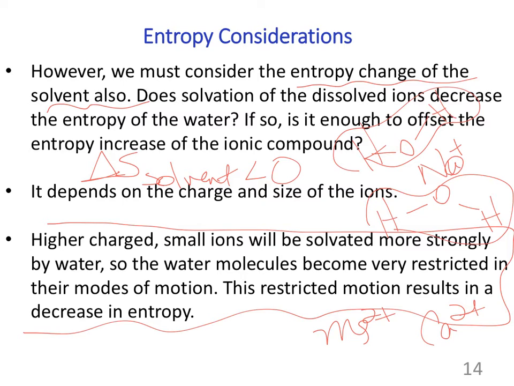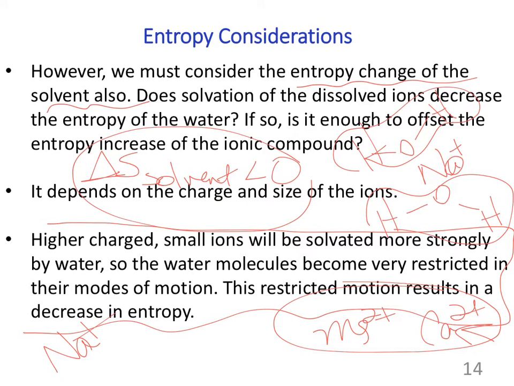They're going to have more layers of water molecules surrounding them than a smaller charge like sodium, for example. Because of that, the overall entropy change of these higher charged ions tends to be unfavorable, or can be.